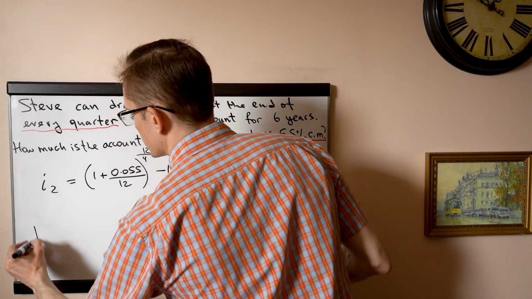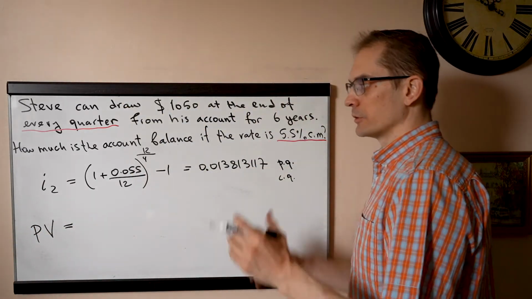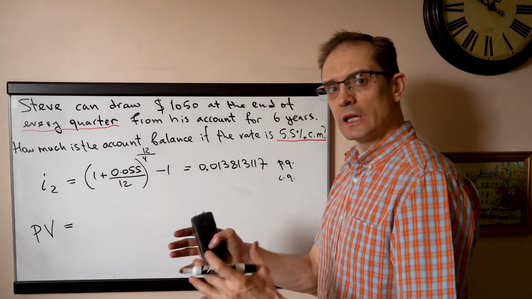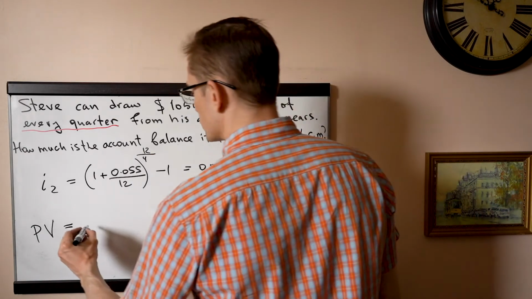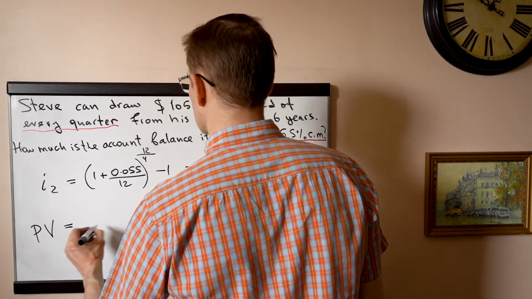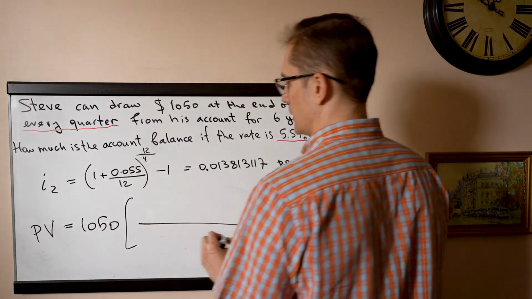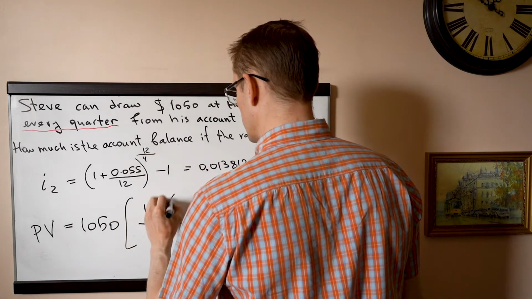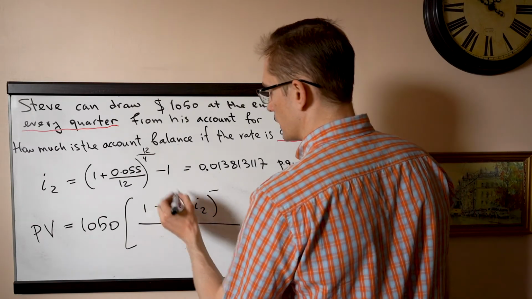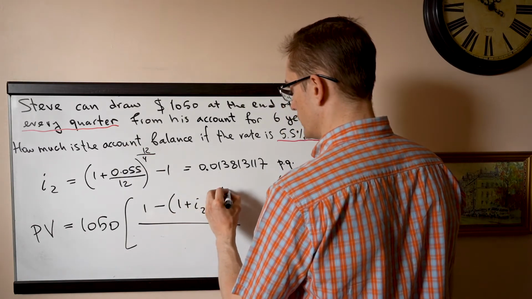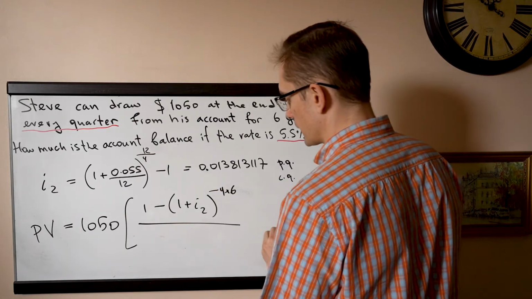So let's find the present value. In this problem we are interested in present value because that account balance is there today, and Steve will be drawing from that amount in the future. So present value will be the payment, which is 1050, okay, times 1 minus 1 plus I2 to the power minus, it's compounded quarterly, so 4 times per year, times how many years? 6, right?